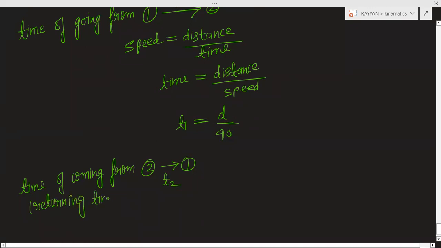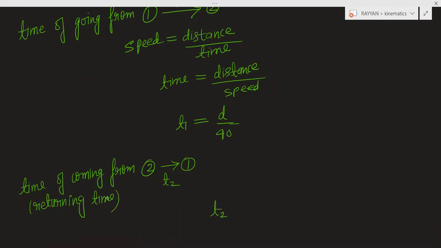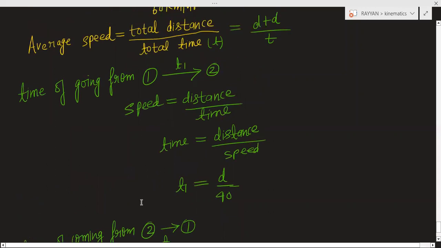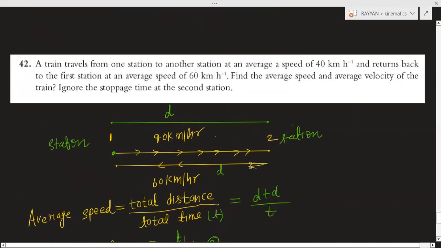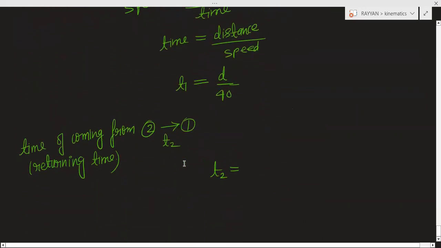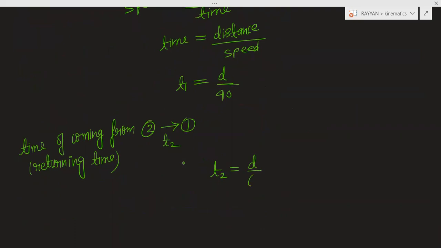Returning time is T2. The returning time T2 can be given by the returning distance. What is the returning distance? That is D, and the returning speed is 60. So T2 is D by 60.